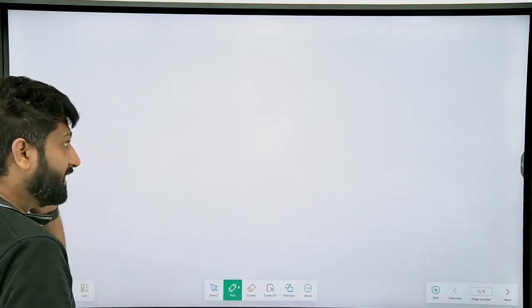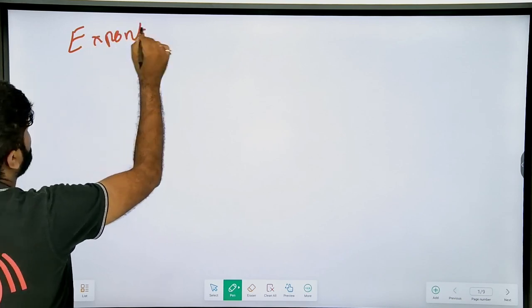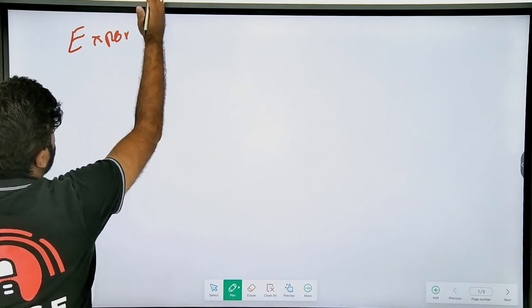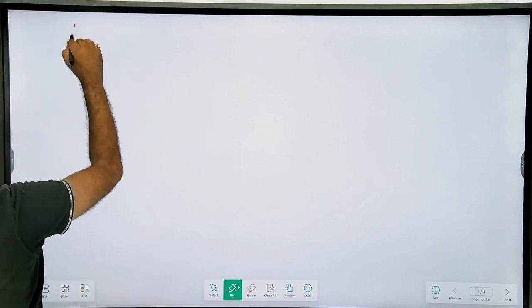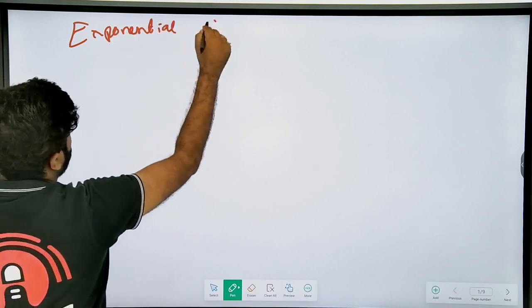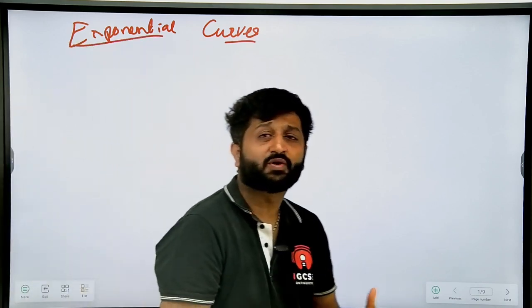Now the second kind of graph which we are going to discuss is our exponential curve. Now what do you mean by exponential curve?